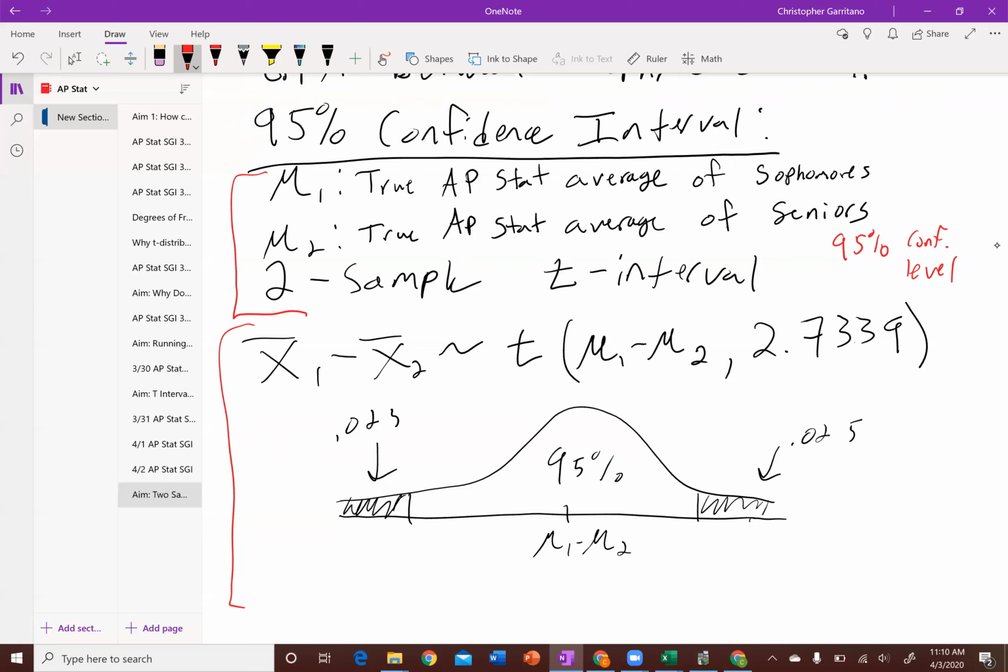And our standard error is exactly the same as the standard error for the hypothesis test, because we used the sample standard deviation for each sample to approximate the standard error of this sampling distribution.